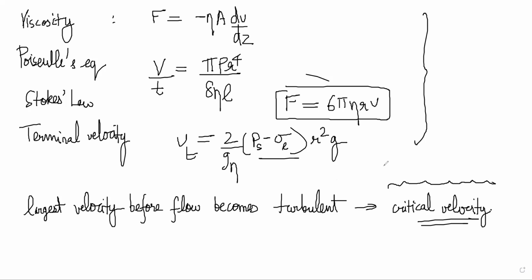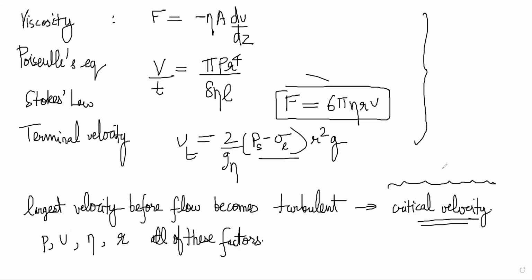Whether the flow will be steady or turbulent mainly depends on the density, velocity, and coefficient of viscosity of the fluid, as well as the diameter of the tube through which the fluid is flowing. All of these factors determine whether fluid flow is steady or not.